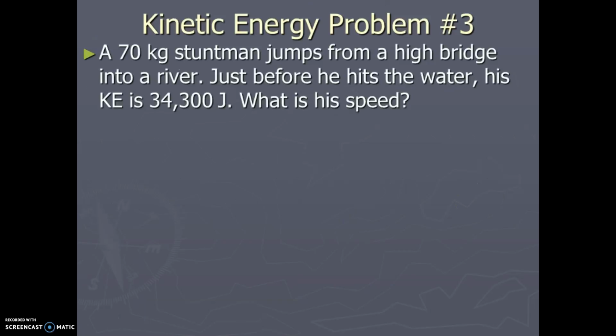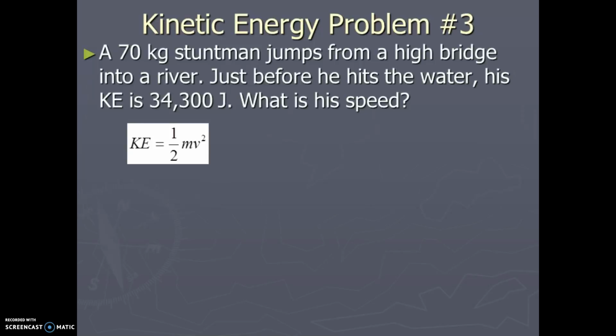Last kinetic energy example. A 70-kilogram stuntman jumps from a high bridge into a river. Just before he hits the water, his kinetic energy is 34,300 joules. What is his speed? In this problem, we are not looking for the kinetic energy. We are looking for the speed. So we're going to have to start at the very beginning here with the formula.